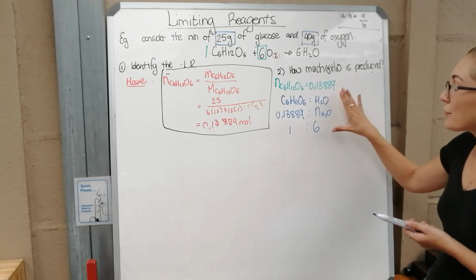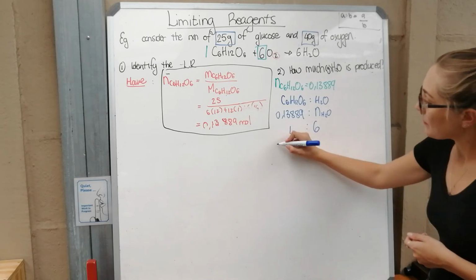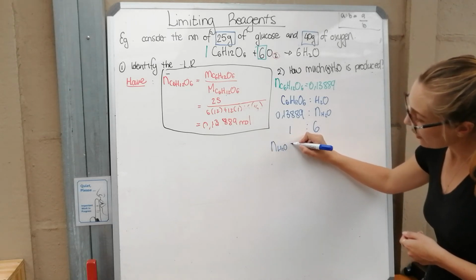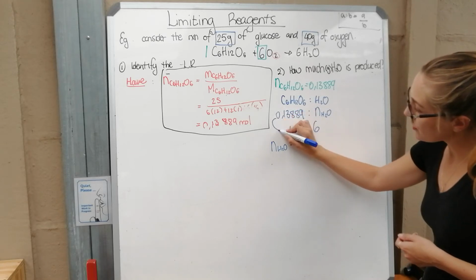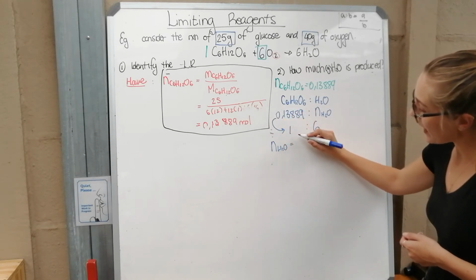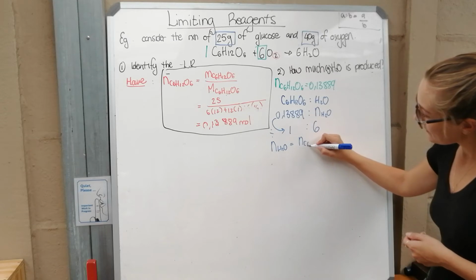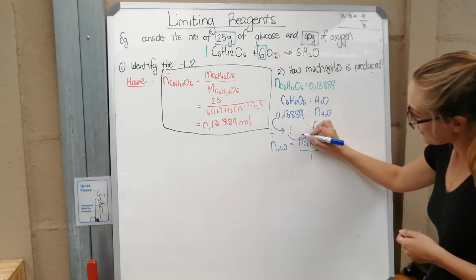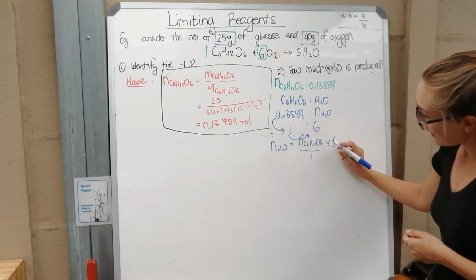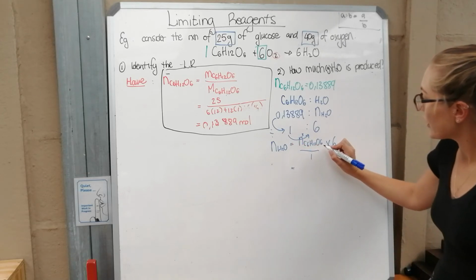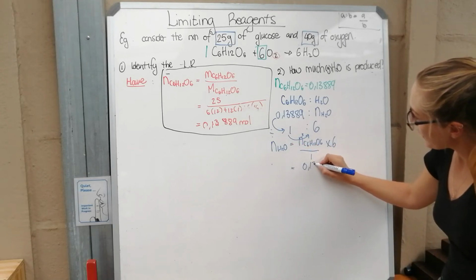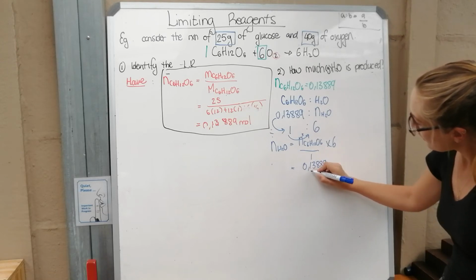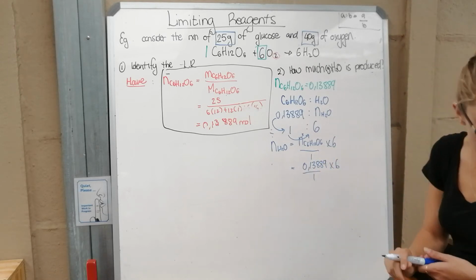And we can now, from this, get a formula. So we can say the moles of H2O are going to equal the moles of glucose divided by 1, and then times by 6. Okay, which means the moles of water are going to be 0.13889 over 1 times 6.